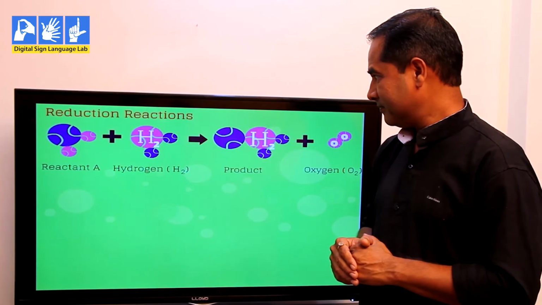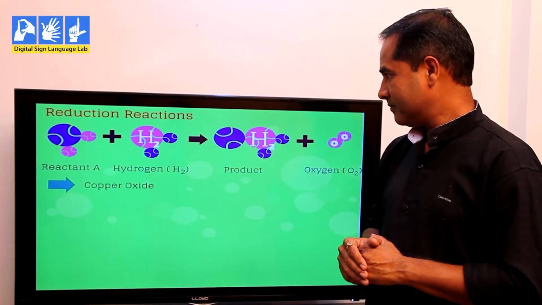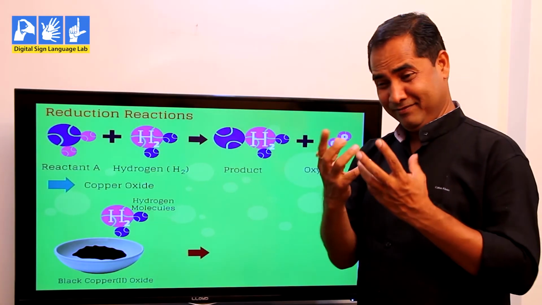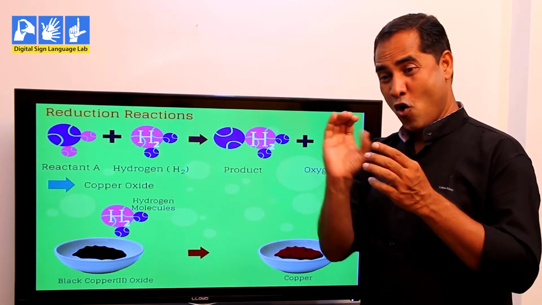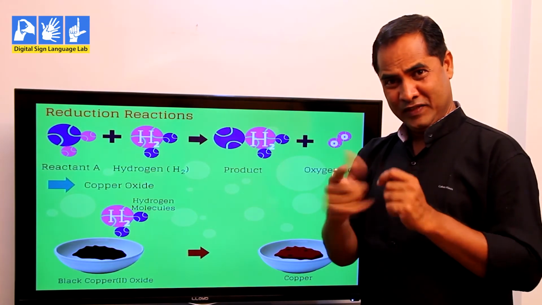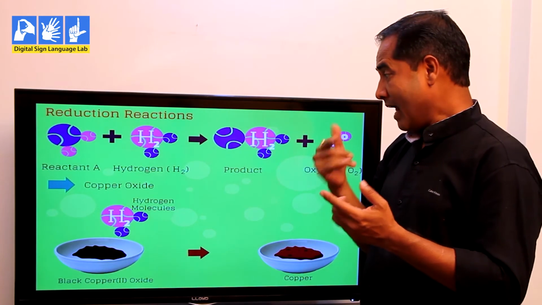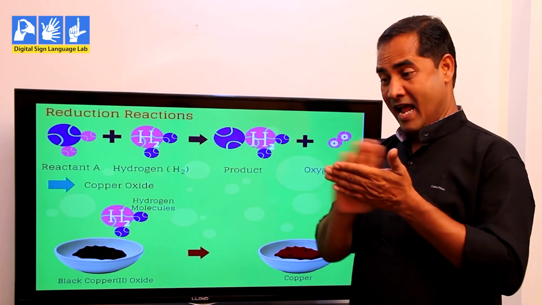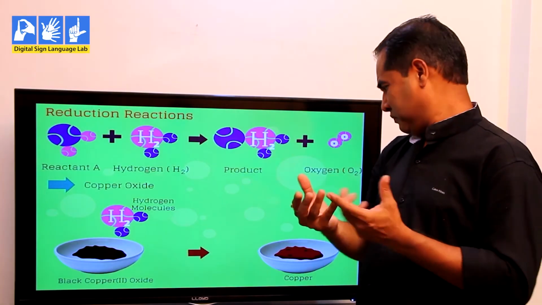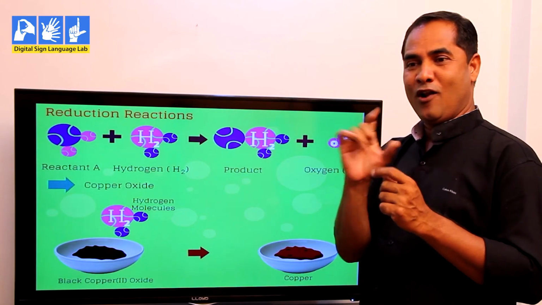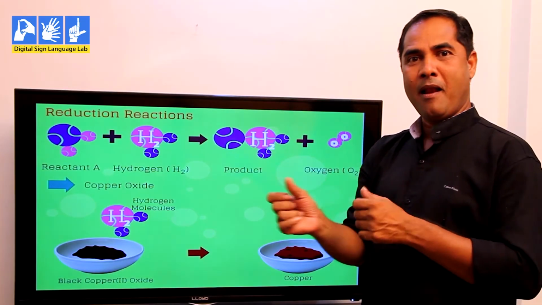Let's see an example. So before you saw formation of black copper oxide when we heated copper in presence of oxygen. Now if we add hydrogen to this, the color would change to the original color of the copper.